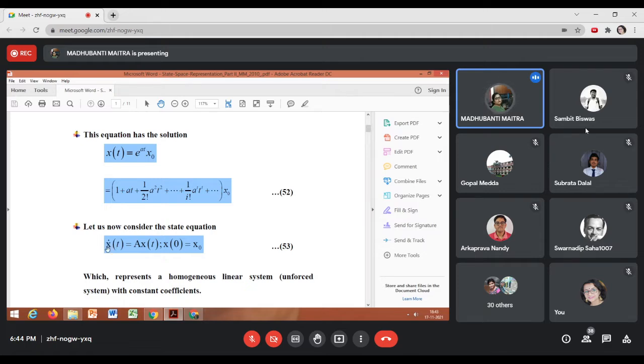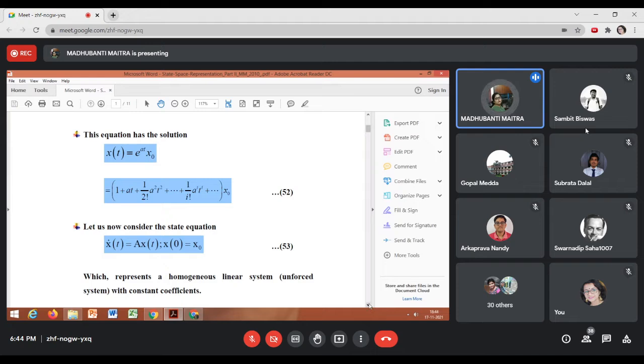So dx(t)/dt is equal to A x(t), and the initial condition is given as x(0), which is also a column vector. Clear?